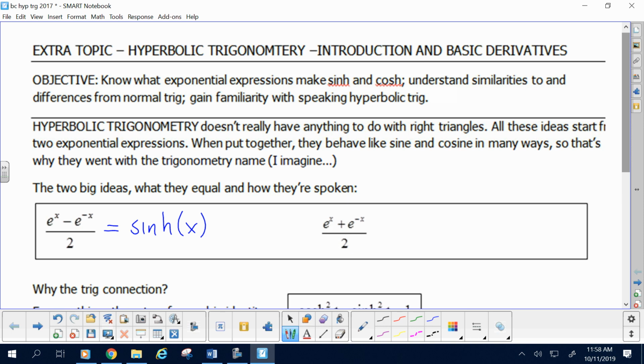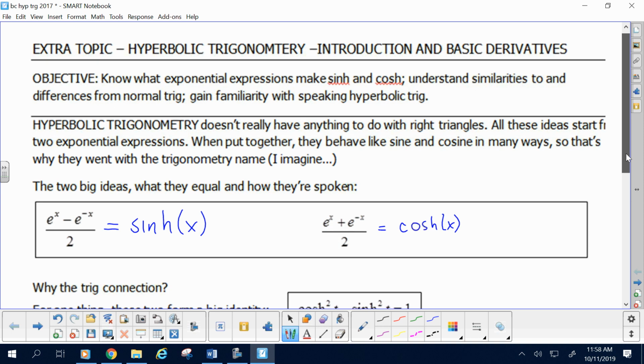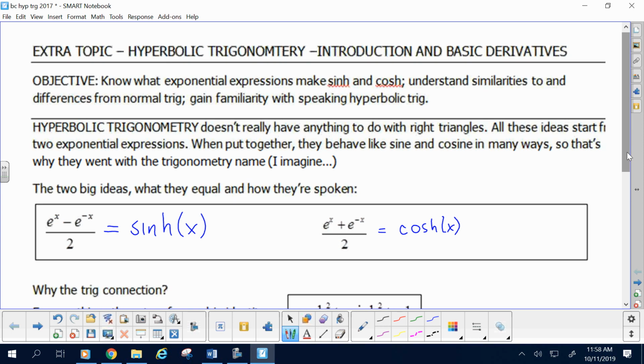If you were to add e to the x and e to the negative x over 2, that's the hyperbolic cosine, which is cosh. Okay? Now, why would you want to add those e's, and why would you go and divide by 2? We'll come to that shortly, but a better question right now is, why do they even call it trig if it has nothing to do with drawing a triangle and finding angles and sides? Why do they even call it hyperbolic trig?